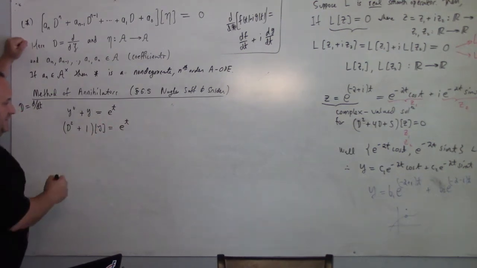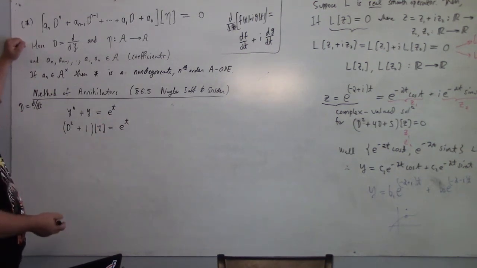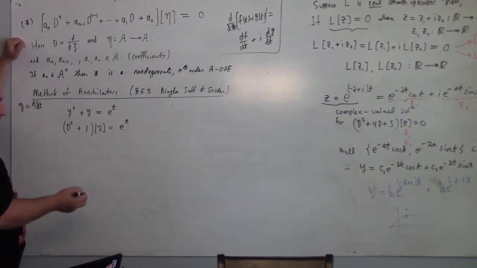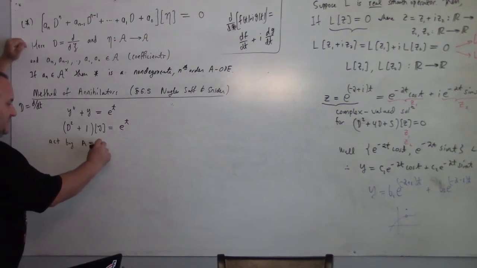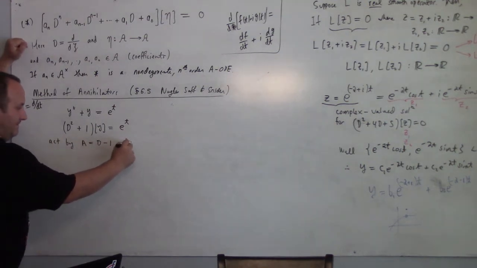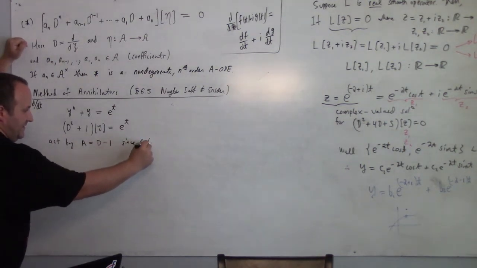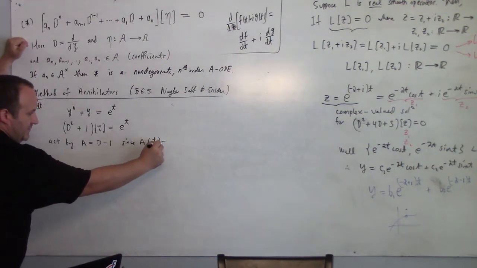So this is, of course, a non-homogeneous equation. How can you convert this into a homogeneous equation? Act by the annihilator, which in this case is D - 1, since that on e^t is 0.